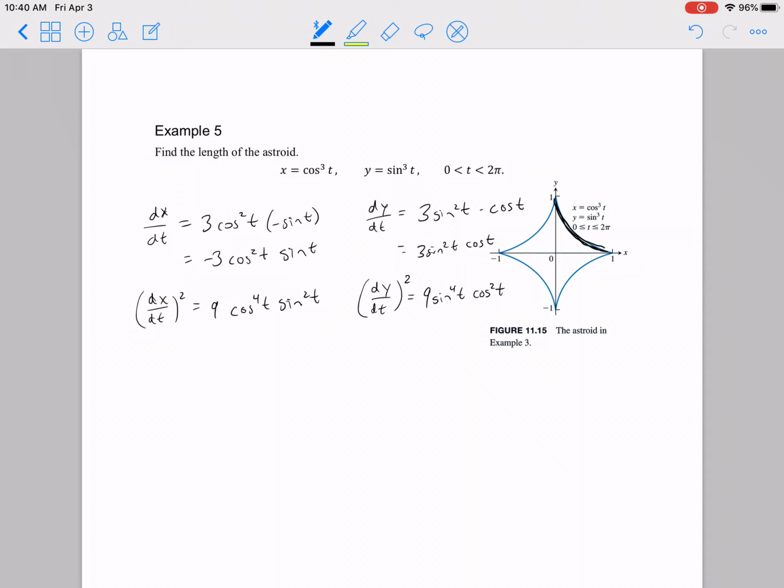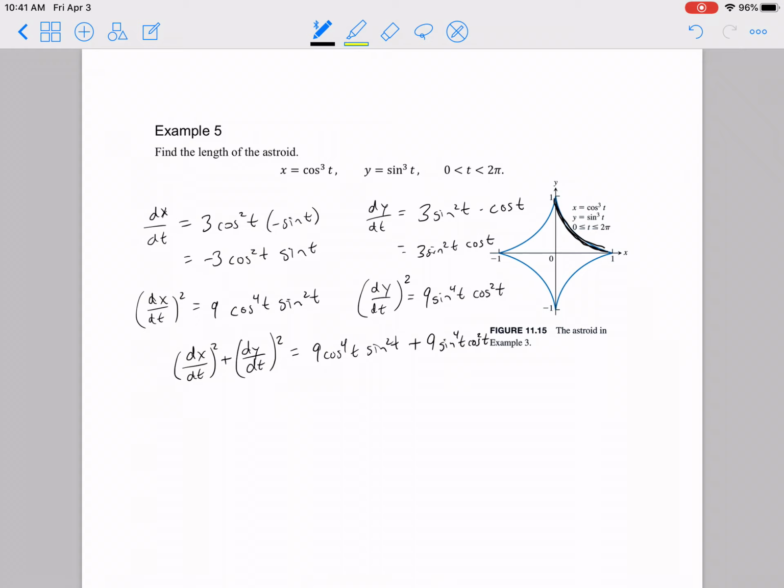And now we can add them together. So let's do dx/dt squared plus dy/dt squared, and you end up getting 9 cosine to the 4th t sine squared t plus 9 sine to the 4th t cosine squared of t.